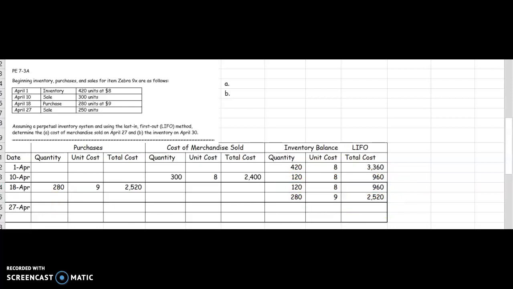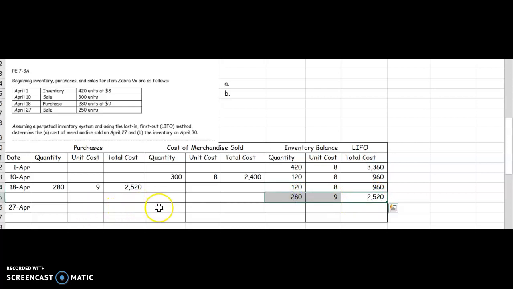Alright, on April 27th we sold some. So we come to the column where we sold some. So before I type the 250 down, I need to ask myself, do we have 250 units available of the newest price? Because this is last in, newest in. So I have 280 here, so I can sell all of them in that group.